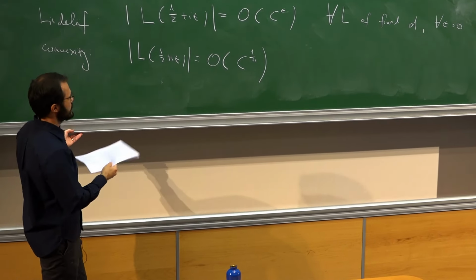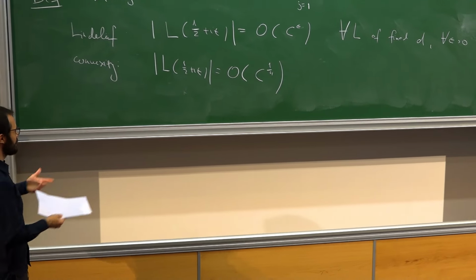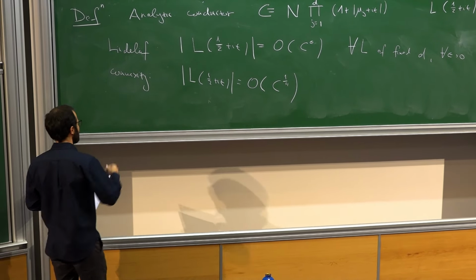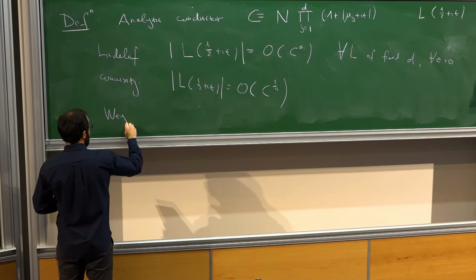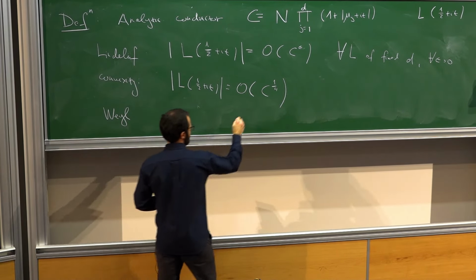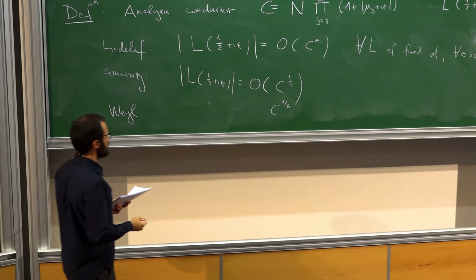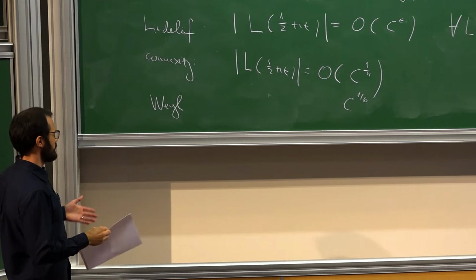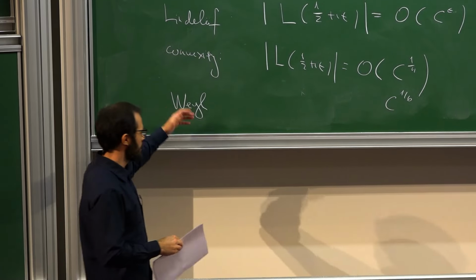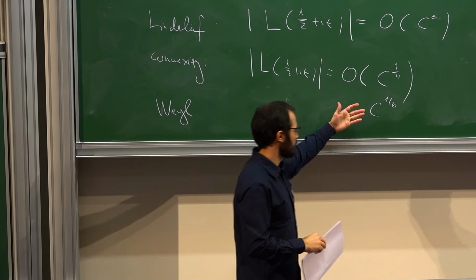The same names still apply also in this more general case. So Weil would be C to the 1/6. And what we proved is a special case of this bound with the Weil exponent for a certain infinite class of L functions.